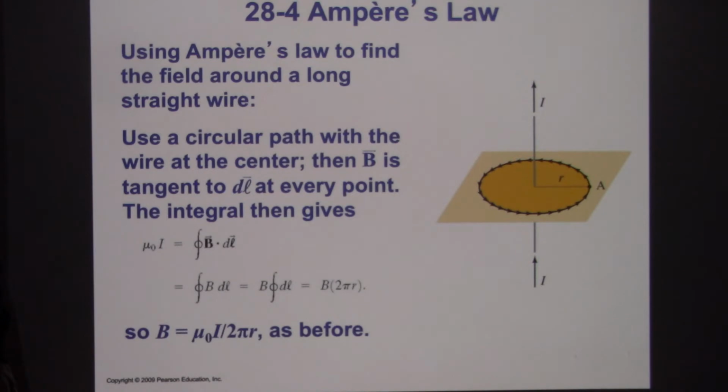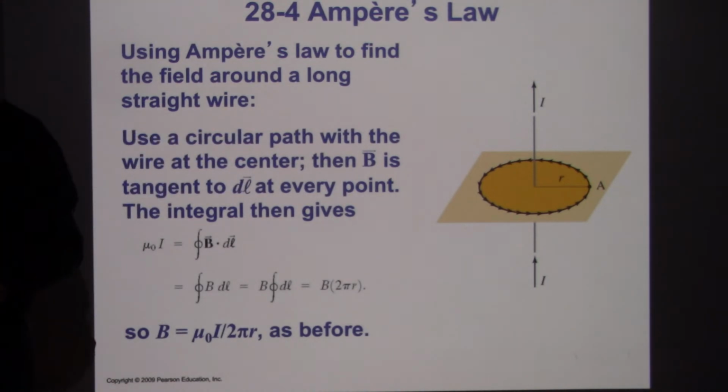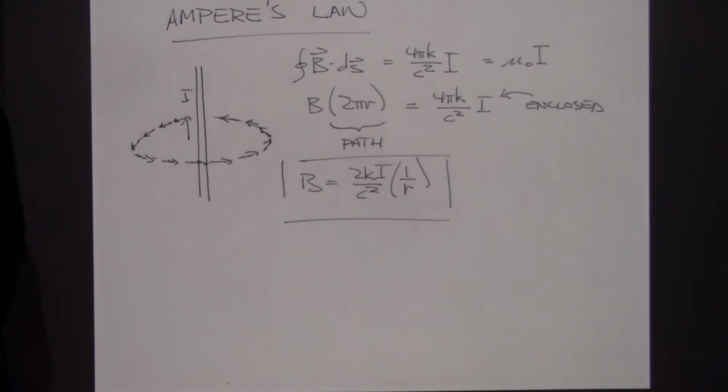It doesn't have to be uniform along the entire path, but it has to be uniform at least along some portion of the path that we're integrating. In this one, it's constant all the way around, so this is maybe the easiest example. And that's the formula we've been using.